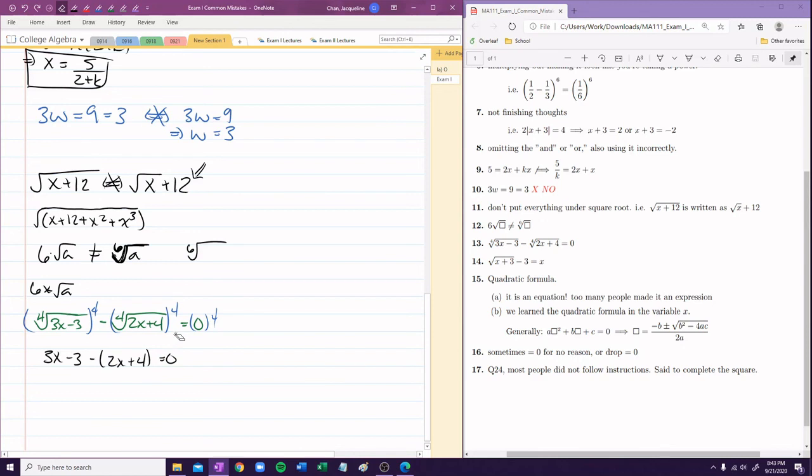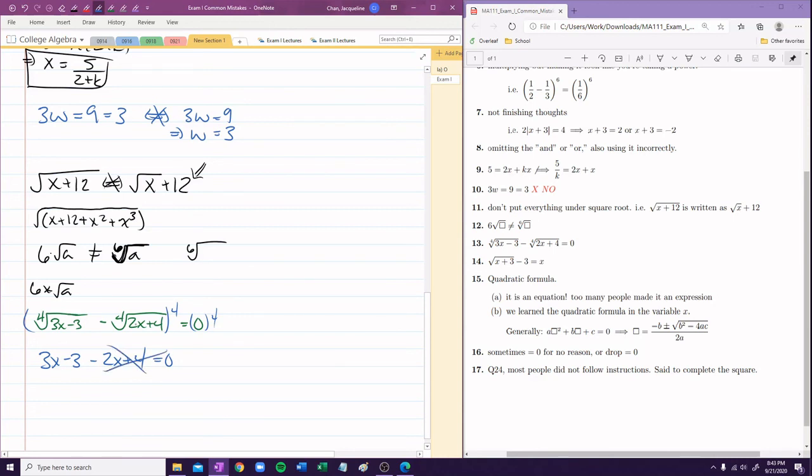So you did not get full credit for that. Another thing people did: that's not good because it unbalanced your equation. But some people did something a little more correct, keeping the equation balanced, but they said it was 3x minus 3 minus 2x plus 4, and this is wrong.